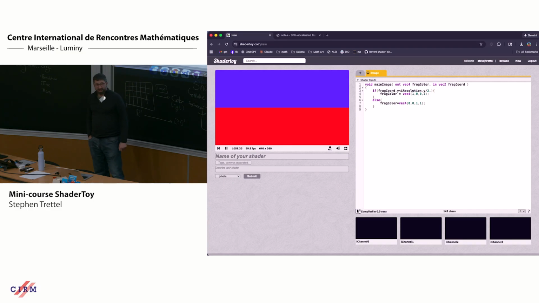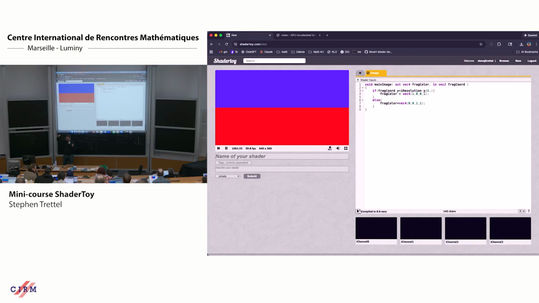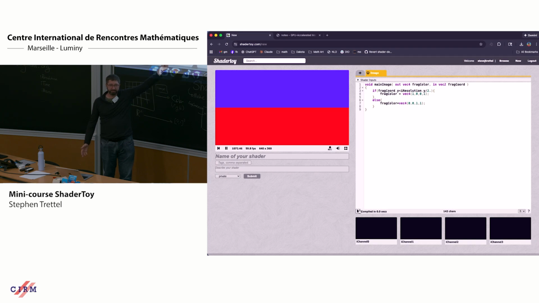But if you actually try and do that in practice, it's going to be kind of annoying because to make it the right size for your screen, you're going to have all these iResolution.x's, iResolution.y's floating all over the place in all of your formulas. You have units everywhere, and I don't know about you, but having units everywhere, not my favorite thing. So we'll leave that to the physics conference.